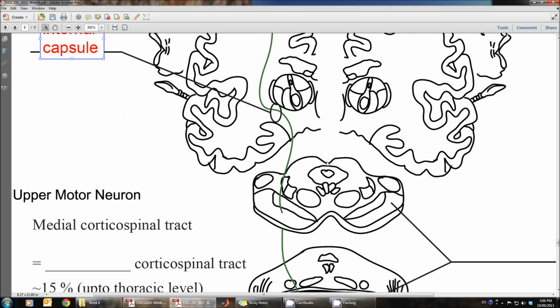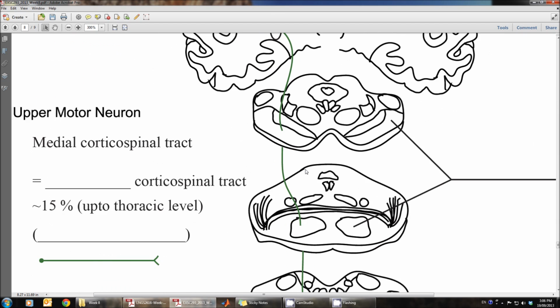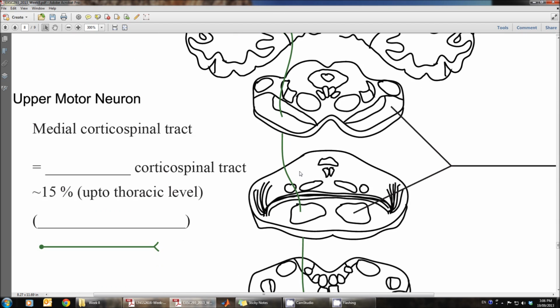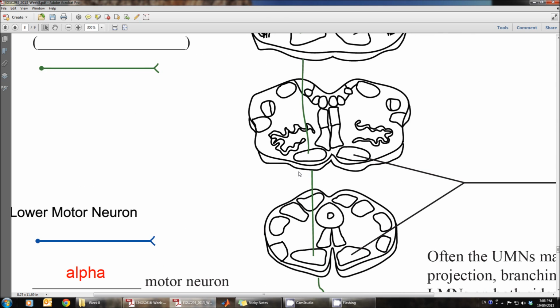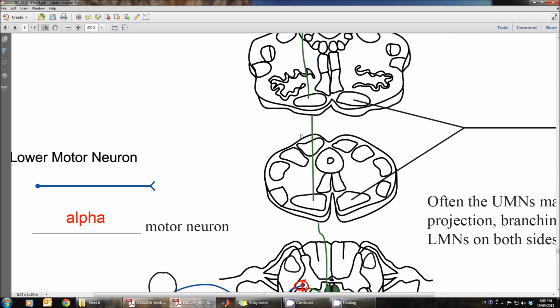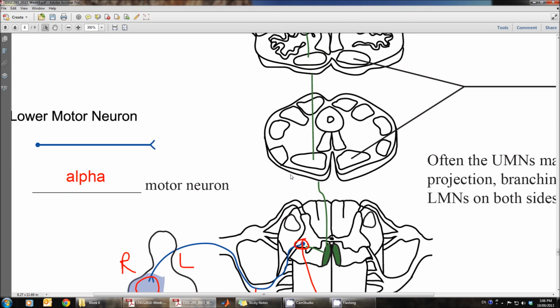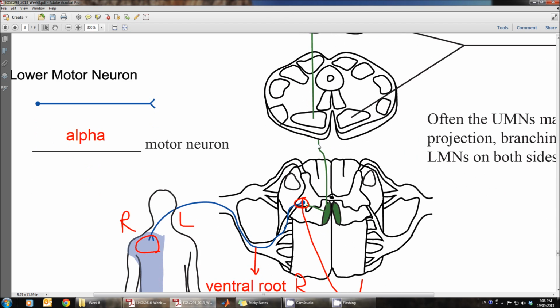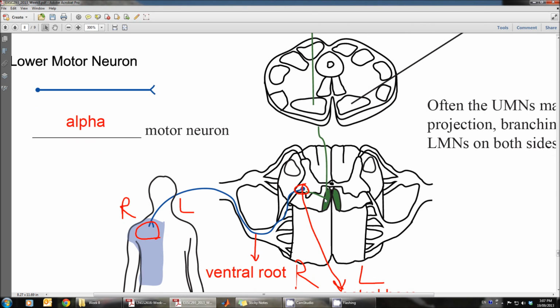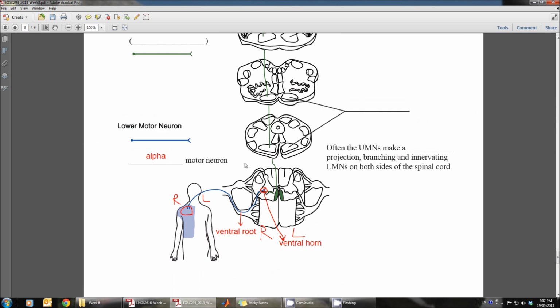It goes through the same route, which is the cerebral peduncle in the midbrain and pons, and the pyramidal tract in the medulla, open and closed medulla. And it stays on the same side and reaches this area, the medial corticospinal tract in the spinal cord, and synapses with the lower motor neuron at that level.